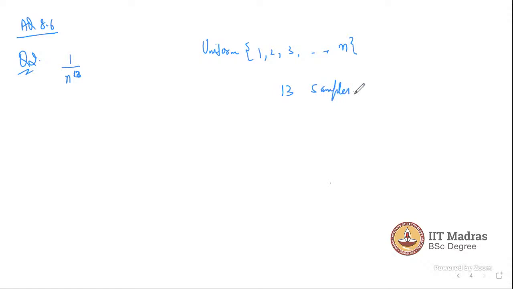Now, what is the likelihood function? If I write L of theta, this is nothing but the product of f x of xi given theta, where i is varying from 1 to 13 here.